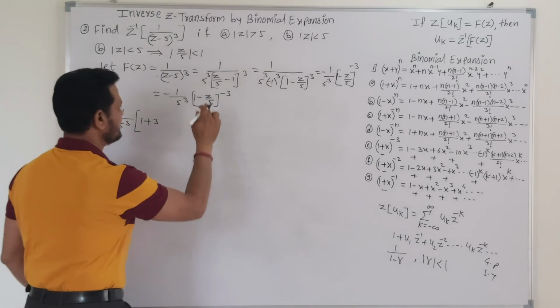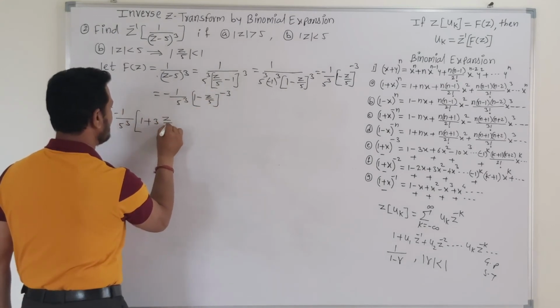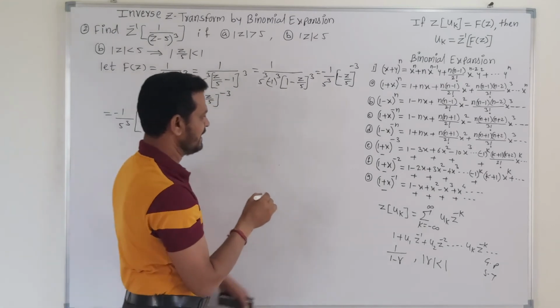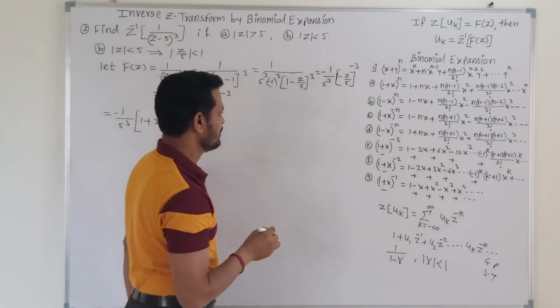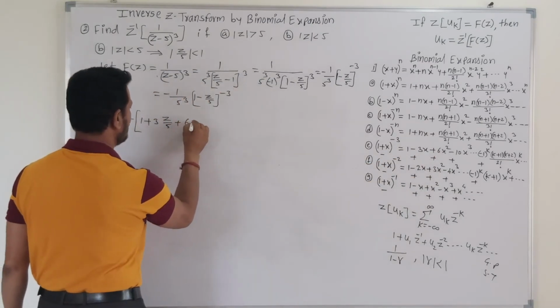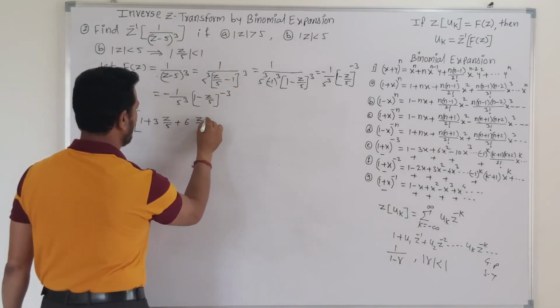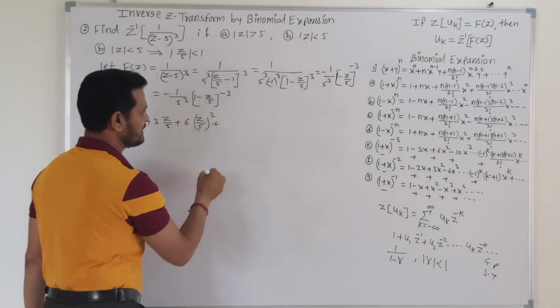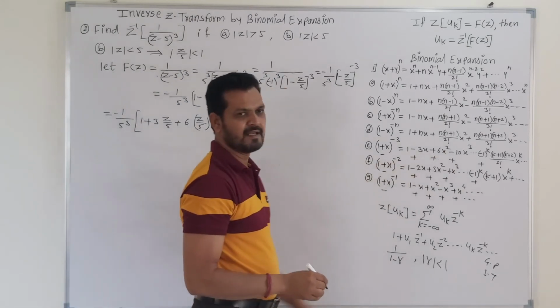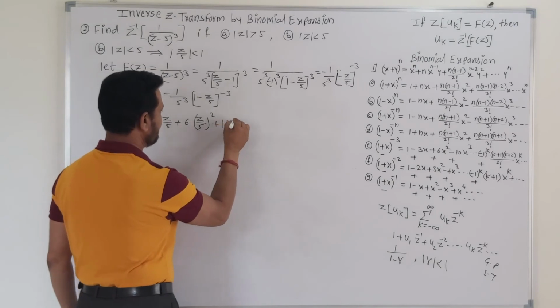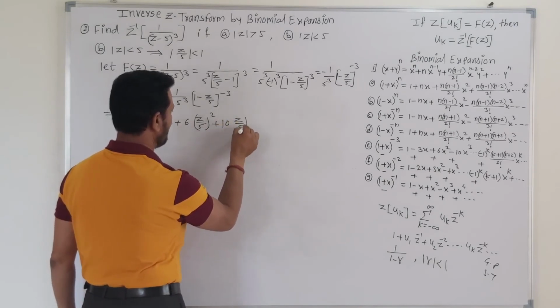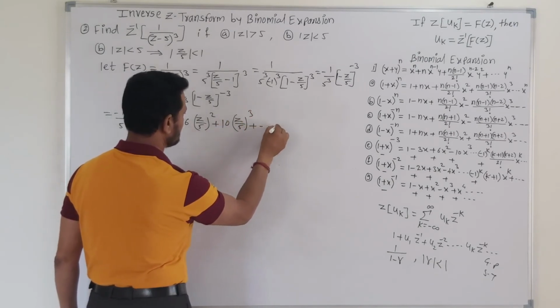So value of x is z by 5, so we get this as z by 5. Then next value is 6, so we can write this as 6 z upon 5 its square, plus next value is 10, so we can write this as 10 z upon 5 its cube, and so on.